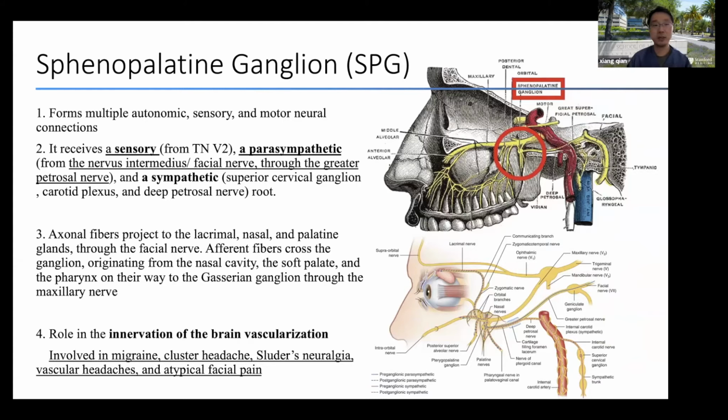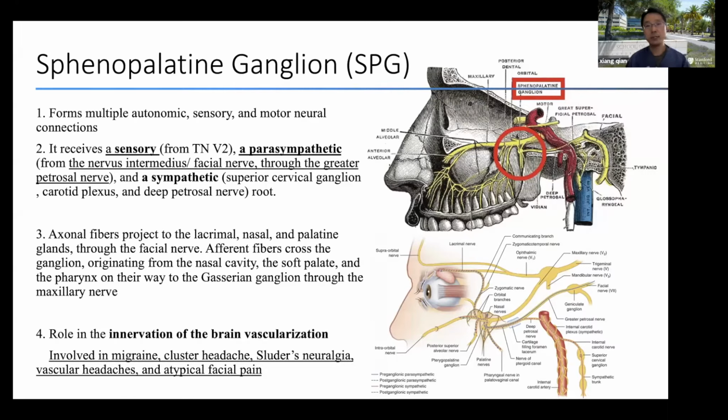And it inputs to all the glands on the face through the facial nerve, and the afferent sensory fibers are from the nasal cavity, soft palate, pharynx, etc. And they project to the gasserian ganglion through the maxillary V2 nerve.